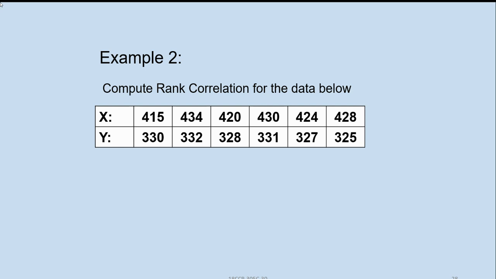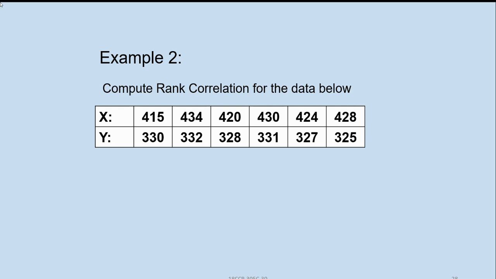And the next number is 327, that is 2. 328 is the third rank. 330 is the fourth rank. 331 is the fifth rank.